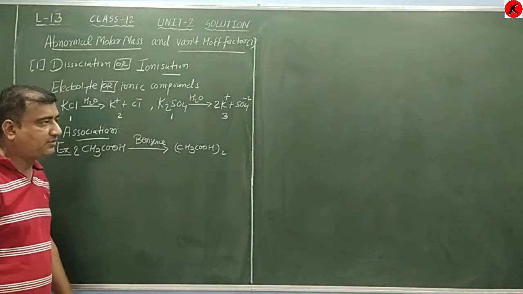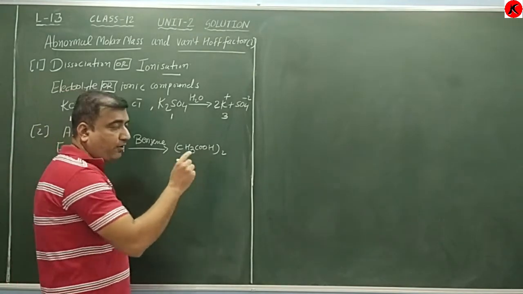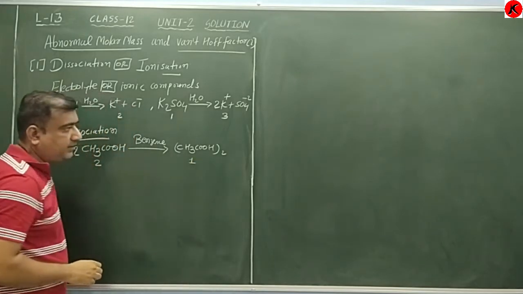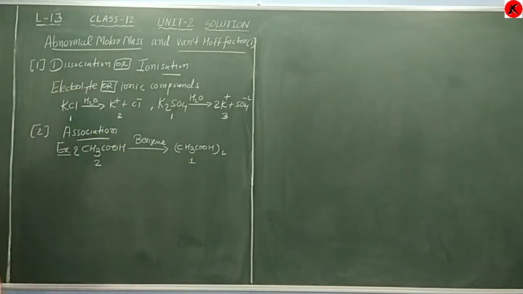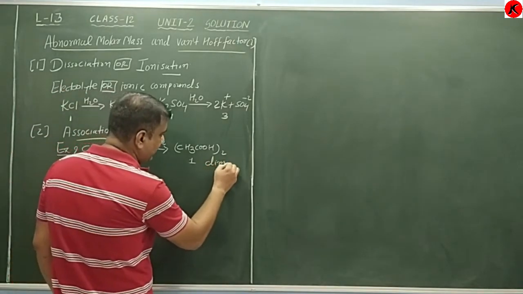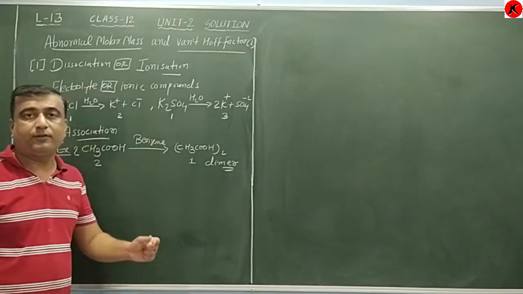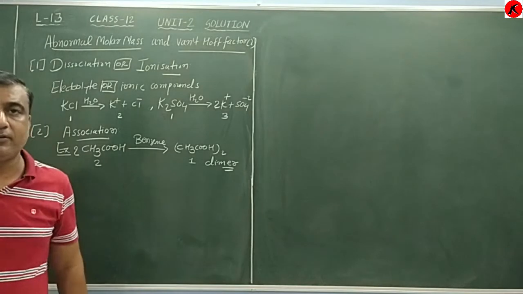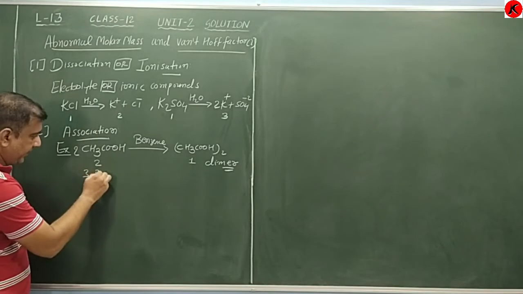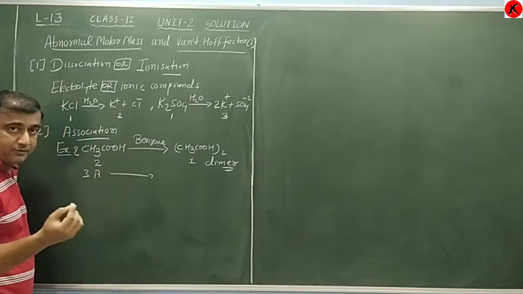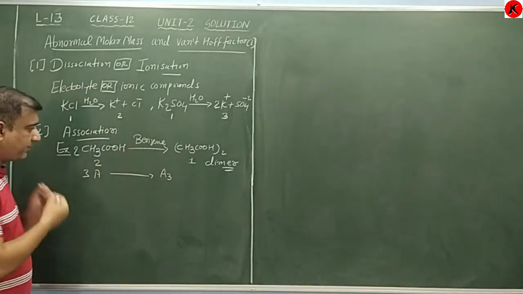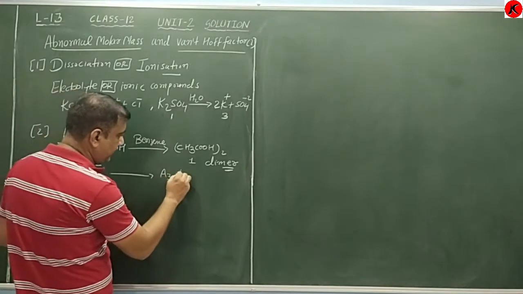Two molecules of acetic acid combine and form one molecule. This is known as a dimer. Two molecules combine and form a bigger molecule, then it is known as a dimer. Sometimes like this, 3A in a proper solvent forms A3. That means three molecules of A combine. This is known as a trimer.